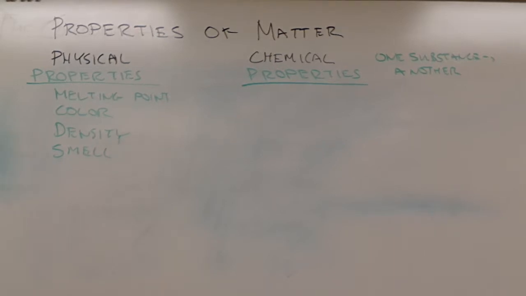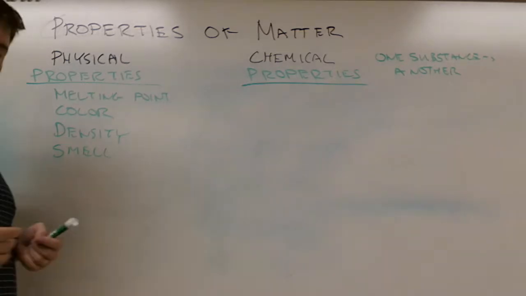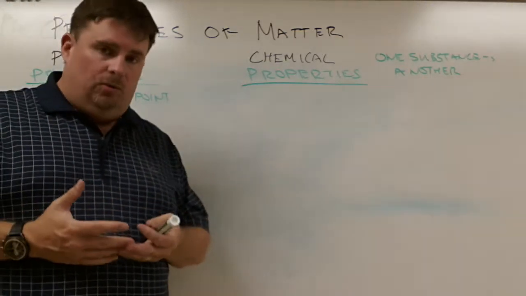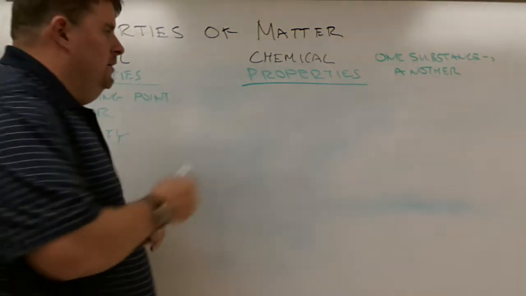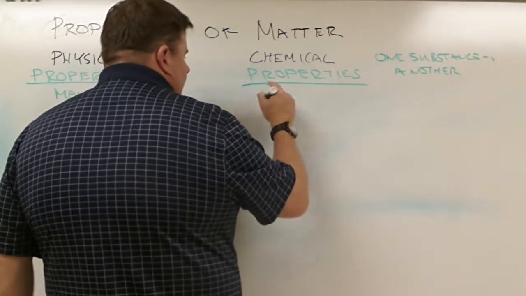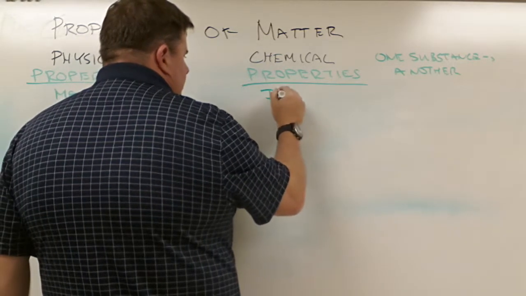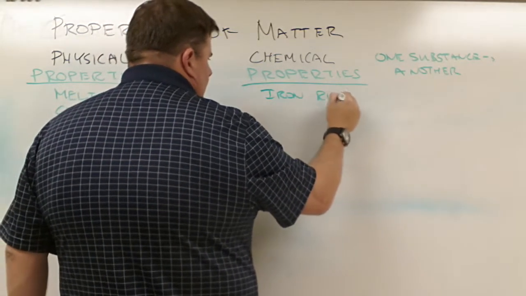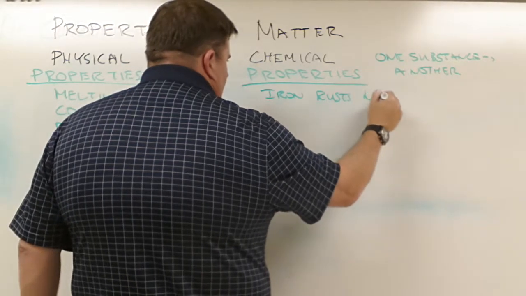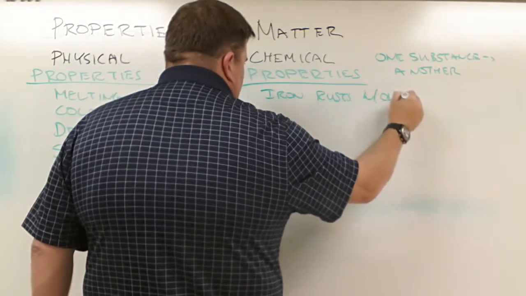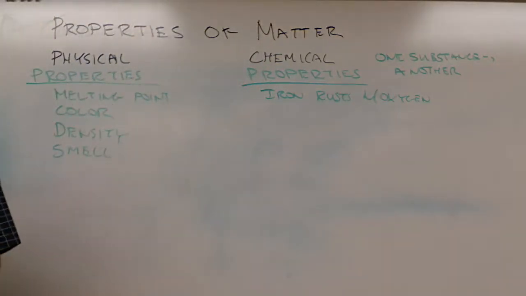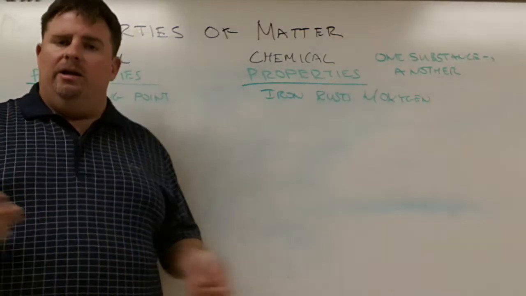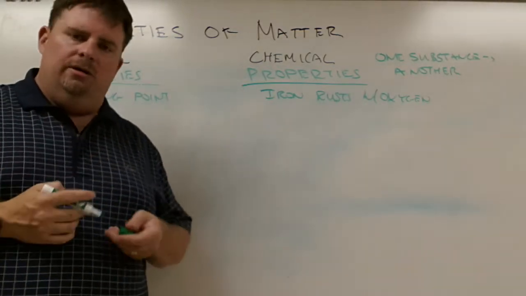We know that iron reacts with oxygen in the atmosphere, in the presence of some sort of salt and water, to go through a change to become iron oxide. So a chemical property example is when iron rusts. You don't have to worry about iron rusting in space because there's no oxygen in space. So you're taking one of those things away, and you won't be able to get a chemical change in that case.